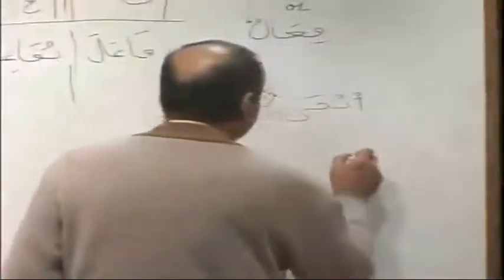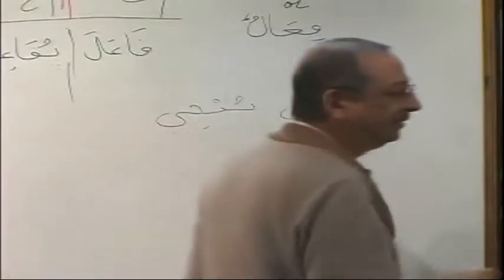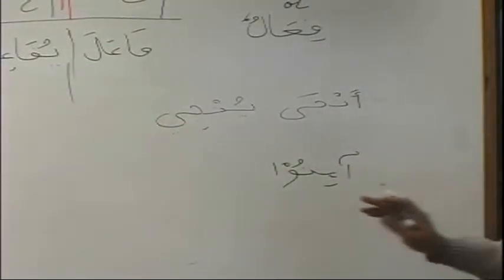So tu'minuna is fi'lun mudari'un marfu'un bi thubuti noon, but it gives the meaning of fi'l amar, aminu. How will you write it down? What is aminu? Fi'lu amrin mabniyun ala hadhfi noon, and waw is the fa'il. Got the idea? That is one explanation, brothers and sisters.